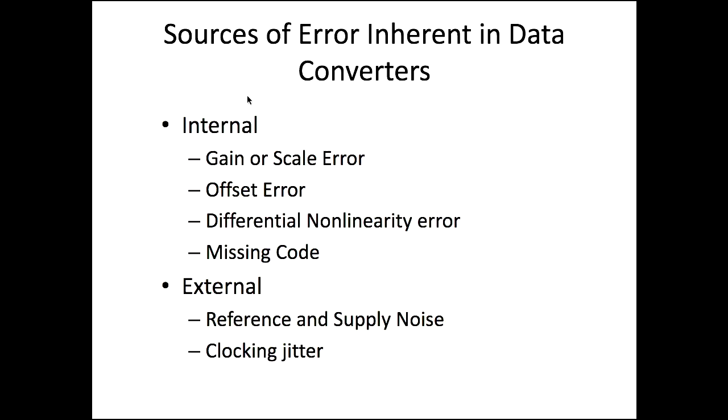So when they calculate effective number of bits, they take into account only the internal part. What you get might be much less than the effective number of bits. You bought a 16-bit ADC, and the effective number of bits given on the data sheet is 14. If you design a crap board, you will be adding noise, and then your bit will be 12 bit, because you are again adding these noises.